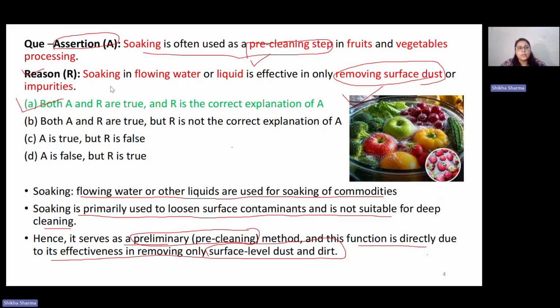And the reason correctly explains the assertion, because the surface dust is being removed in the soaking process. That's why soaking is considered one of the important pre-cleaning steps. So here the assertion and the reason are true and the reason correctly explains the assertion.